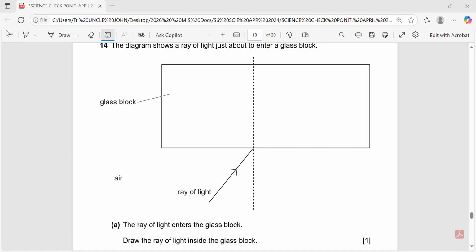The angle of incidence is supposed to be the same as the angle of refraction. So when you are refracting this ray, the distance left between the ray and the normal line is supposed to be the same. Dear friends, this is the way you can refract this ray.